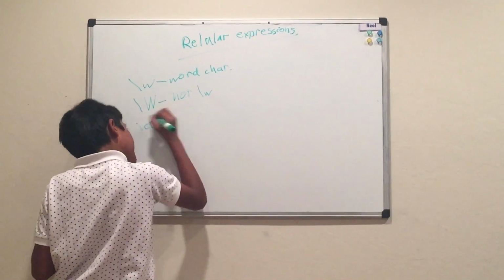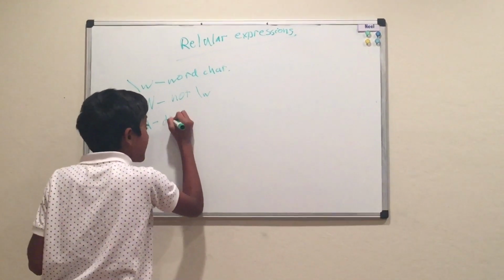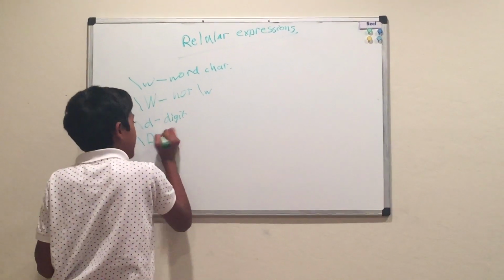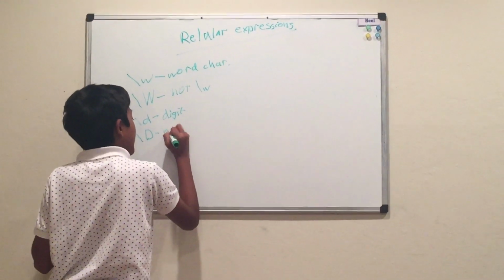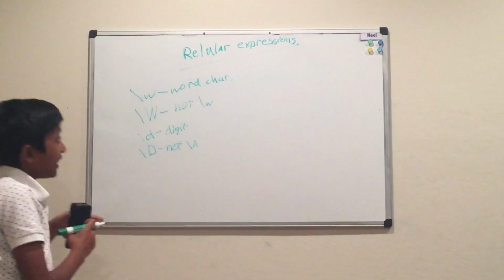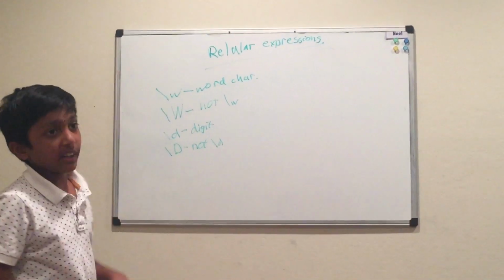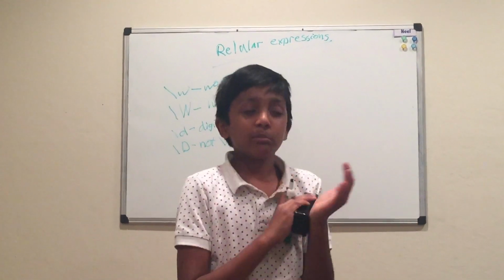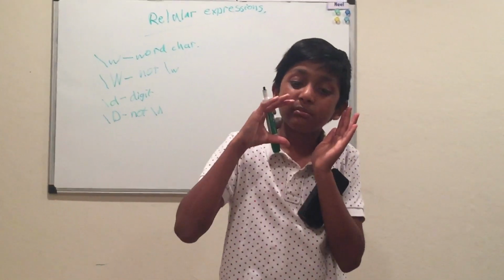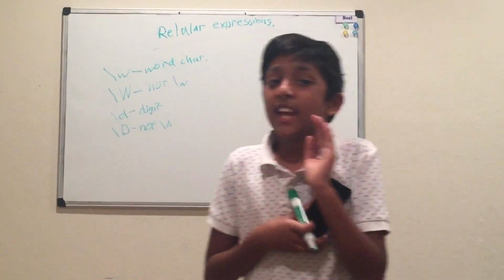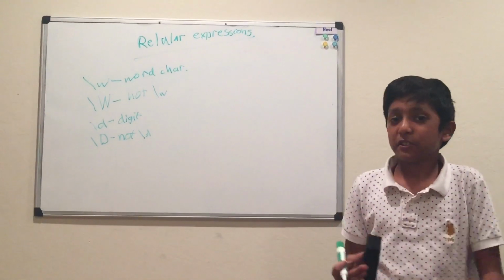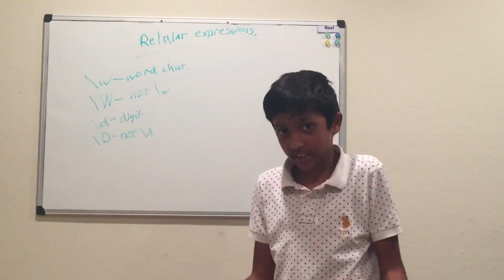And then d with a backslash is any digit, and then capital D is anything that's not backslash lowercase d. See, get the pattern? Whenever you have slash and then some lowercase letter, the slash and that same letter but uppercase is the opposite of that. These are kind of shortcuts so you don't have to keep on listing everything.